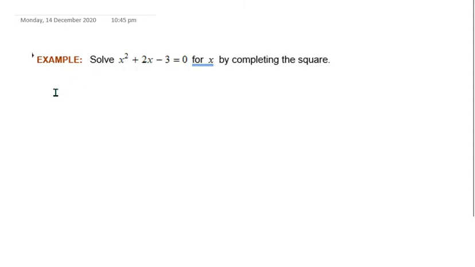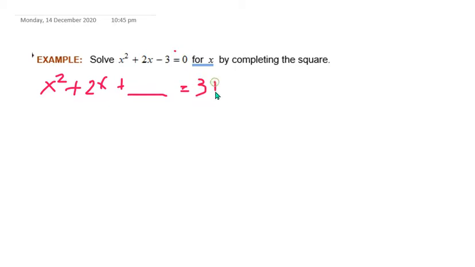So we write now x squared plus 2x plus blank is equal to, since the constant here is -3, we're going to transpose this to the other side of the equation, and this becomes +3 plus blank.